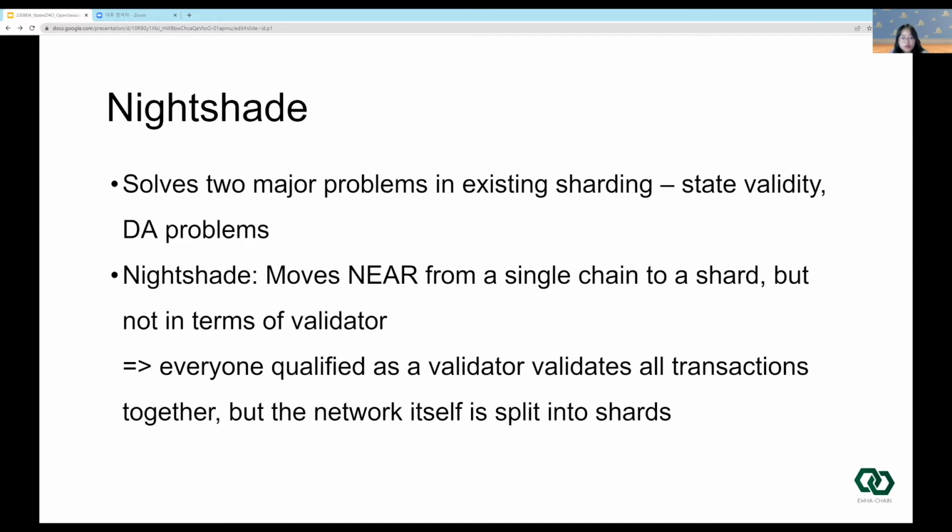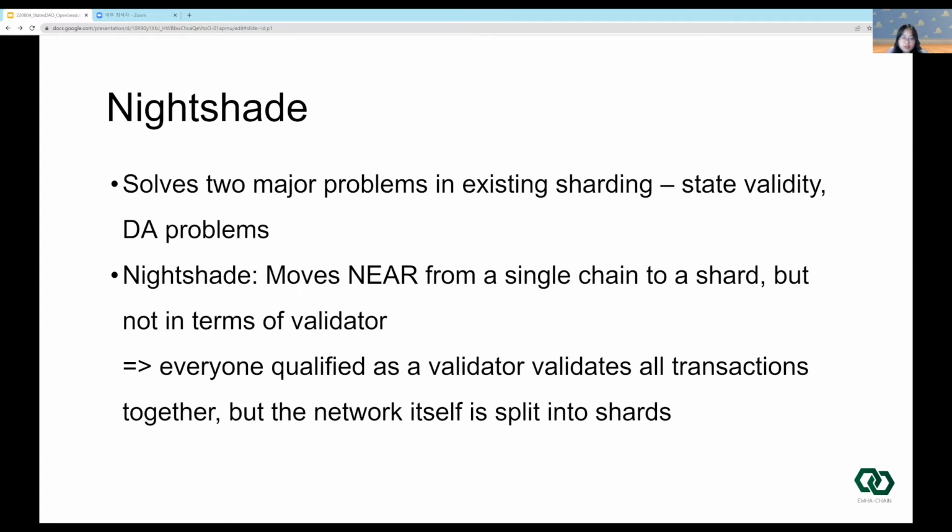But the sharding solution of NEAR, Nightshade, aims to solve two major problems with existing approaches, named state validity and data availability, which are related to the formal problems.